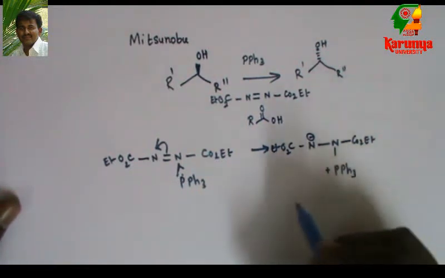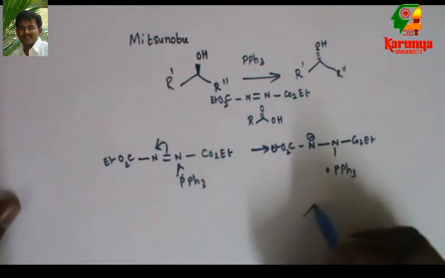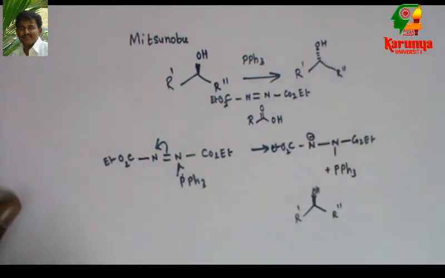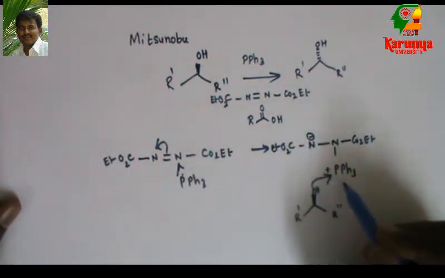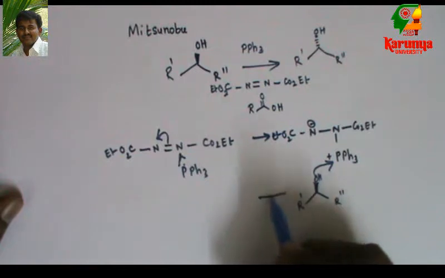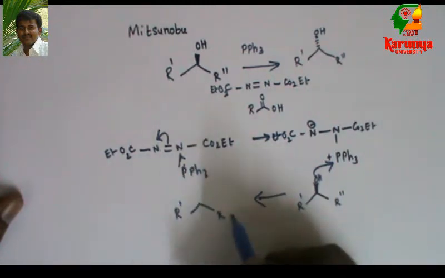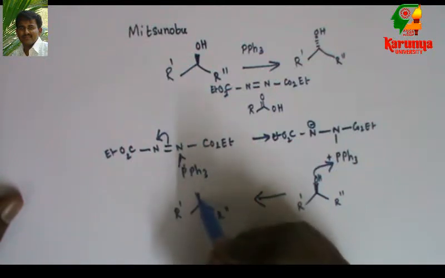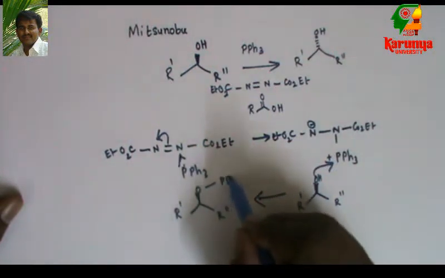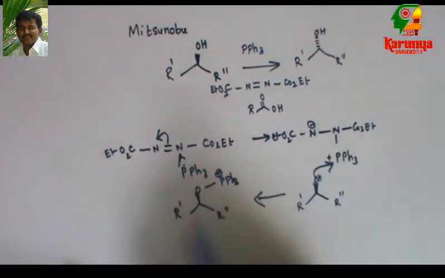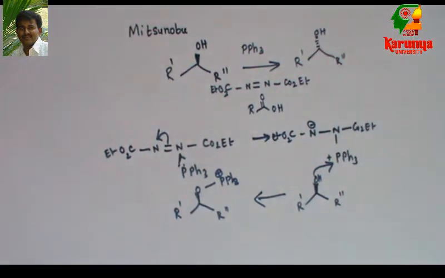This is attacked by the alcohol. Say this alcohol attacks here to give another intermediate like this. The hydrogen is taken by this N minus. So we get this intermediate.